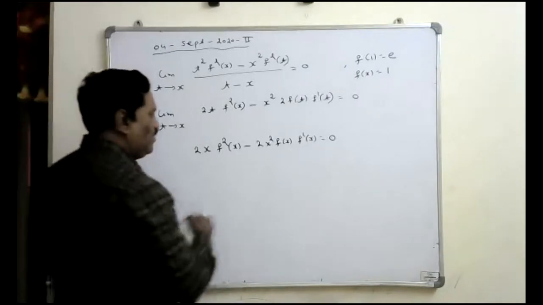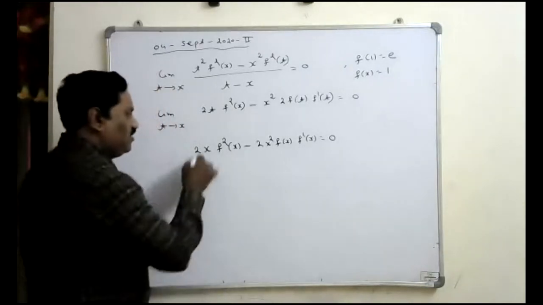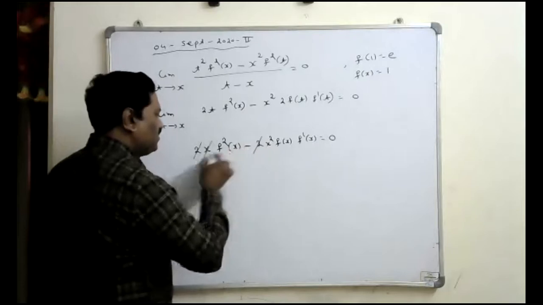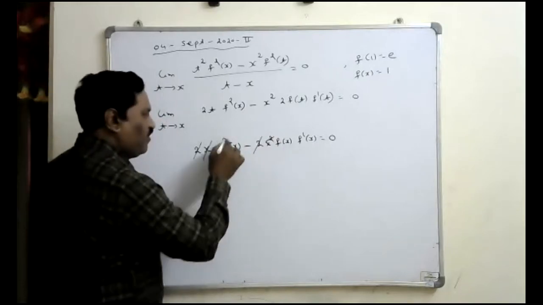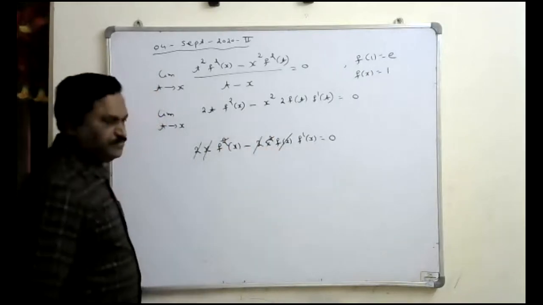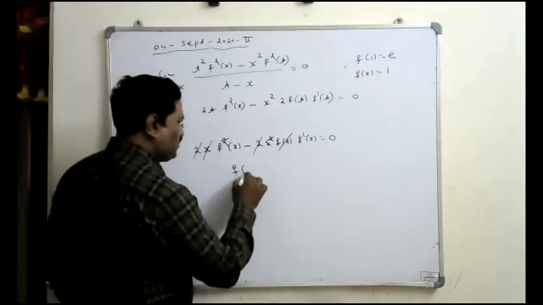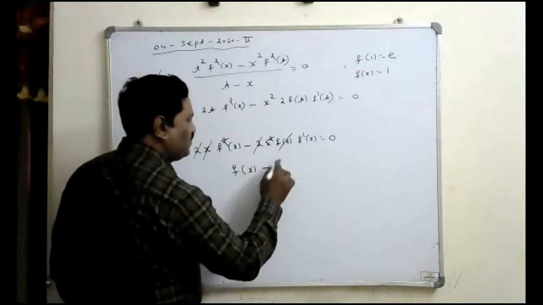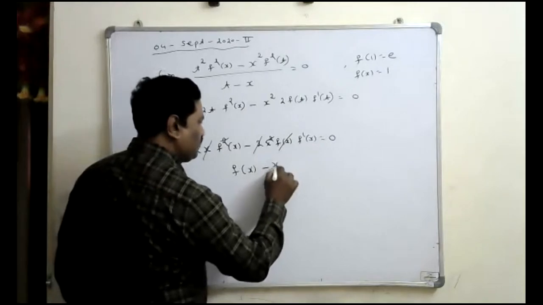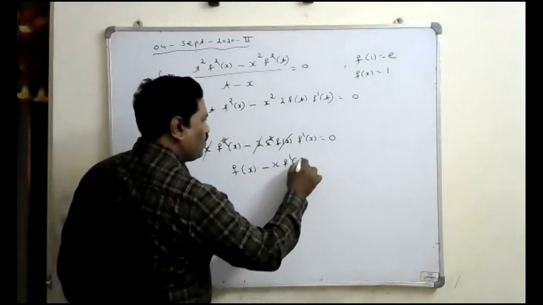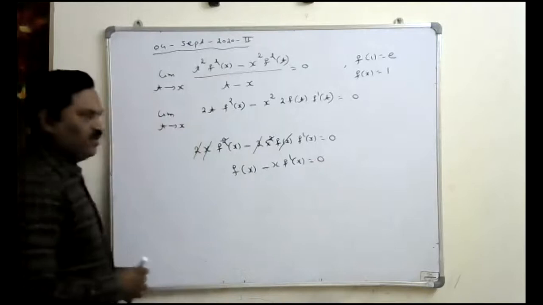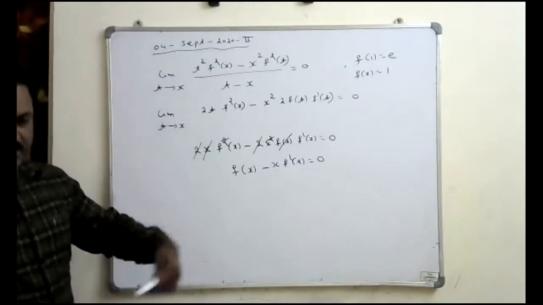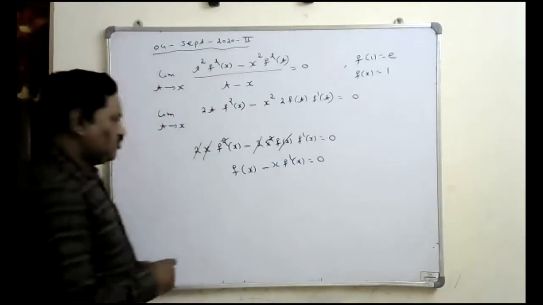Now I can divide by f of x: the 2 gets cancelled, x and x also get cancelled, and one f of x also gets cancelled. Now the remaining is f of x minus x into f dash x equal to 0.